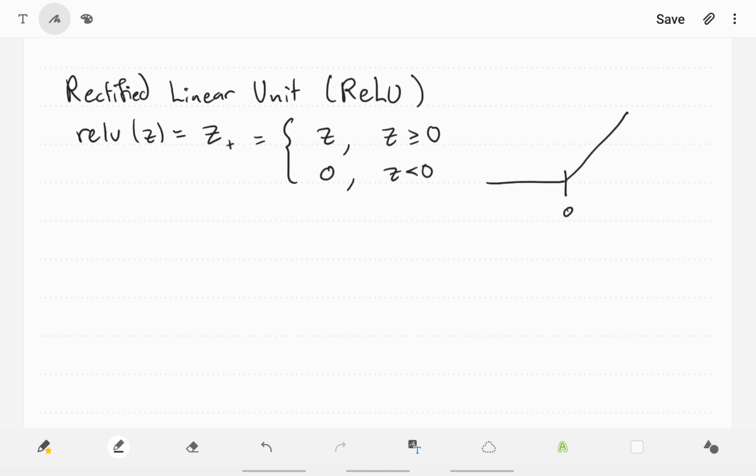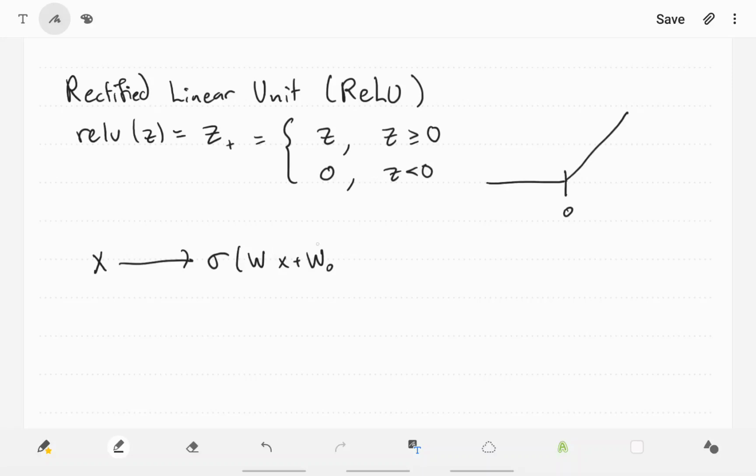So let's think about our computation graph for a deeper neural net. So we have our input x, and this feeds into our first set of hidden units, which would be sigmoid of W transpose x plus W naught.